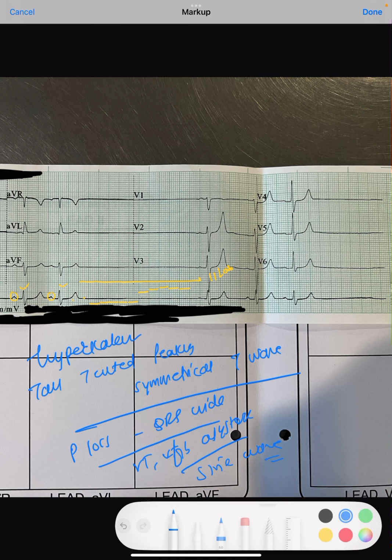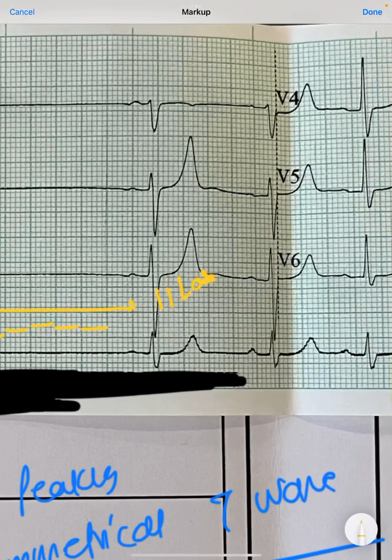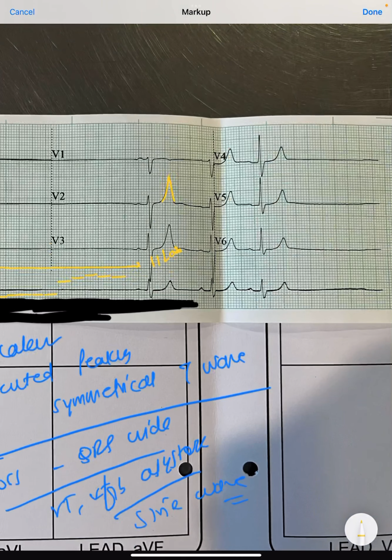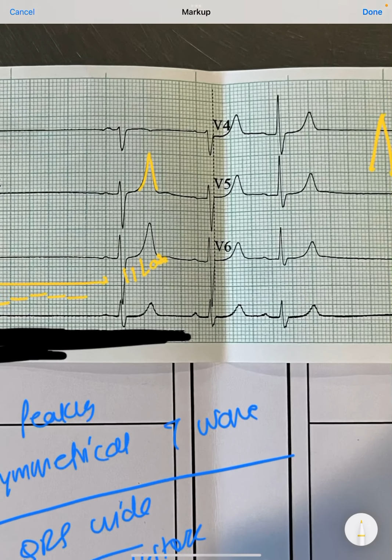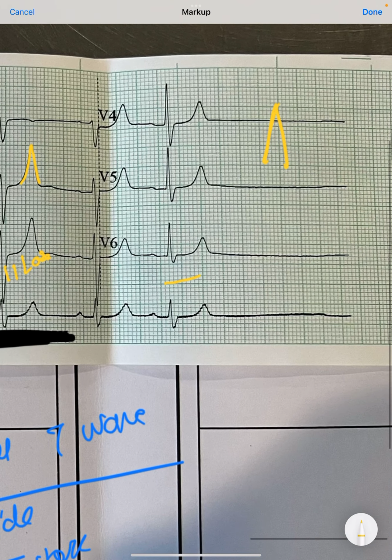In this particular ECG, we can very clearly see the tall, tented, and symmetrical T wave. Why is this important? We must always know this is tall, this is tented. Tented means tent-like, symmetrical, because normally you can also see tall T waves, but those will be asymmetrical. So that asymmetrical T wave will be like this. If you divide this T wave, it will be asymmetric.